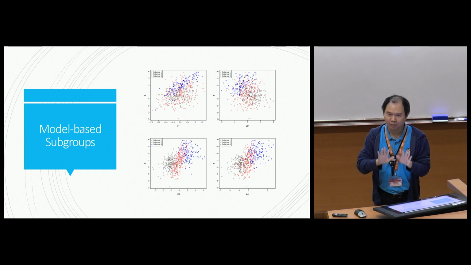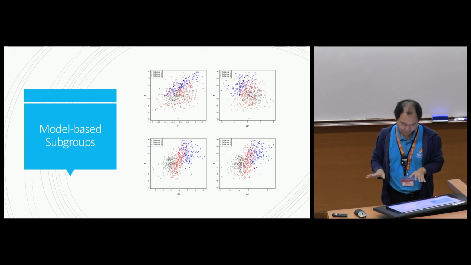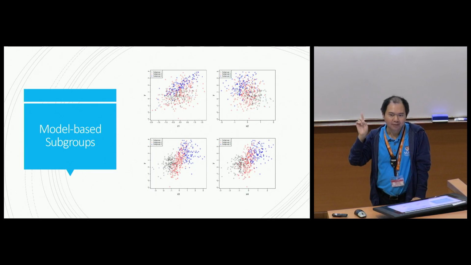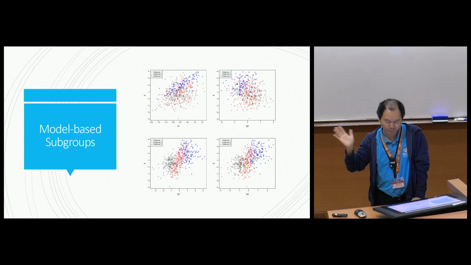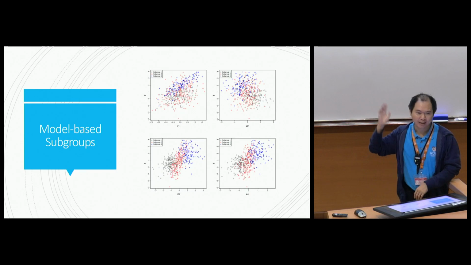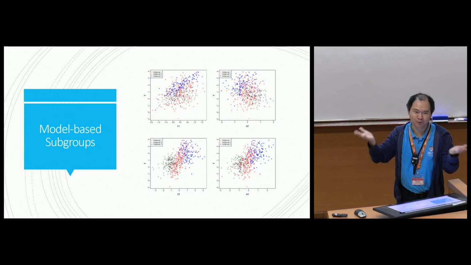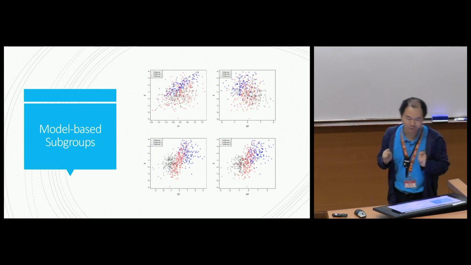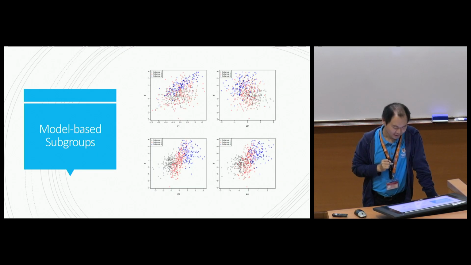So we know the subgroups for sure. And you can tell from these graphs, some variables are more helpful to differentiate the groups than other variables. If you look at x1, the 3 groups are just mixing around. You cannot really tell the difference of these 3 groups. x2 also is very hard to tell the difference.